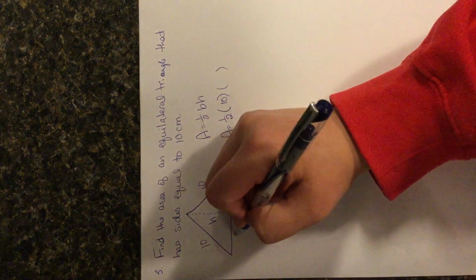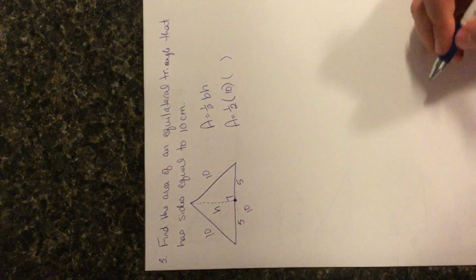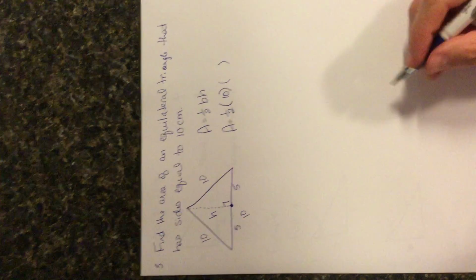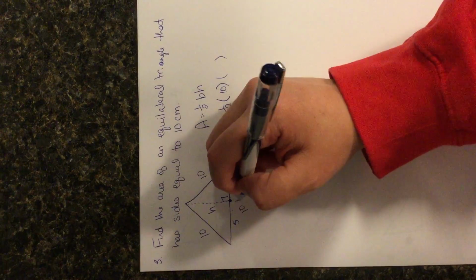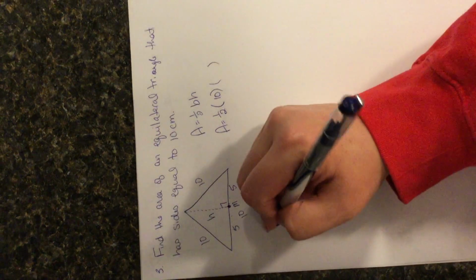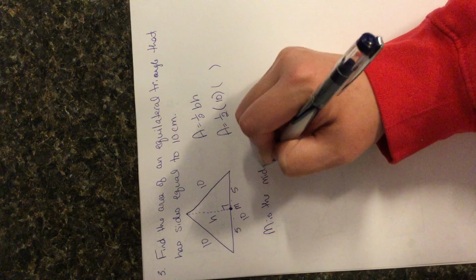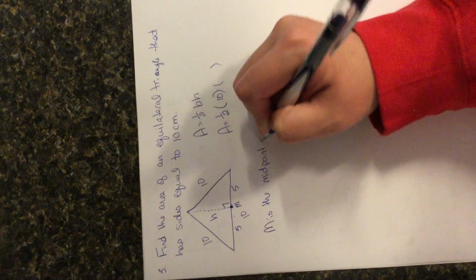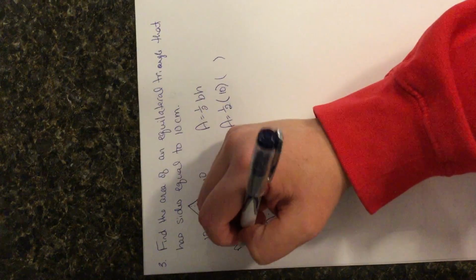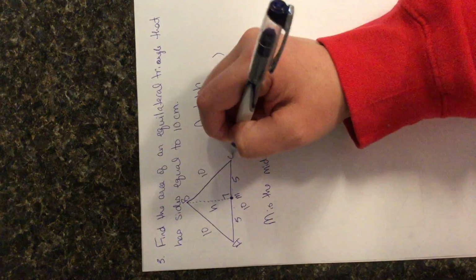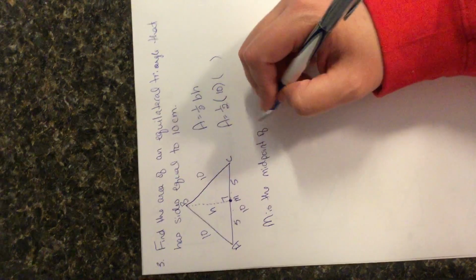So this will be 5 and this will also be 5. I'm going to call this M, just to write a few notes here. We can label our triangle A, B, C. So M is the midpoint of AC.